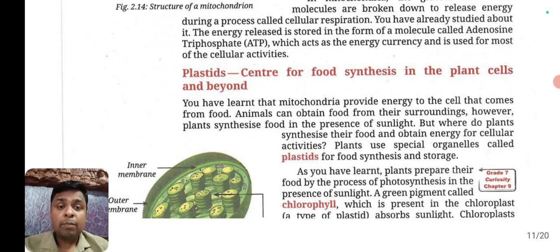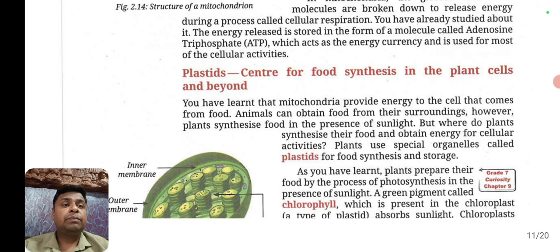Respiration means what? Production of energy. Remember, the air that we take inside goes into the cell and production of energy happens. That happens in mitochondria. So it produces ATP, that is an energy-rich molecule. Remember the name ATP, adenosine triphosphate. Adenosine triphosphate. Repeat it, it's important.